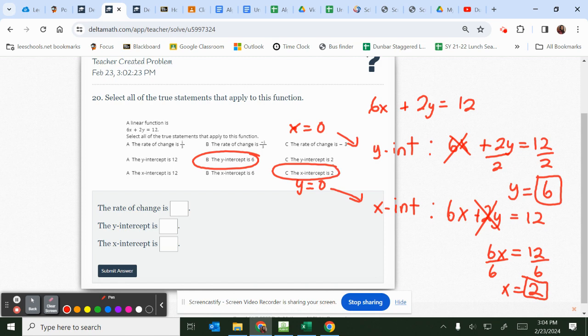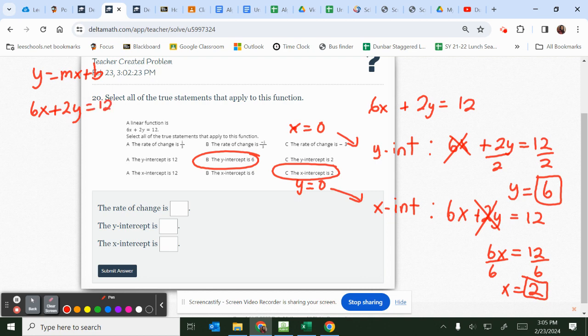Now we're going to find our slope. To find your slope, I'm going to rearrange this equation into slope-intercept form, which is y equals mx plus b. To get it to look like that form, firstly, I would need to move the x to the other side.